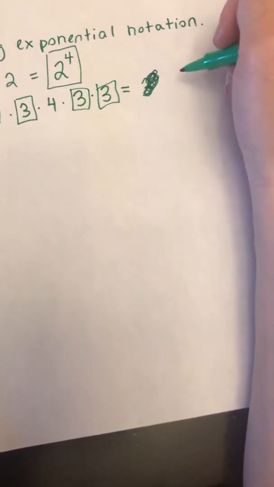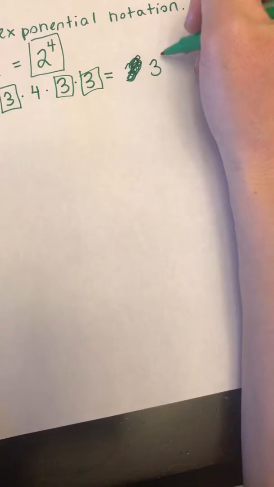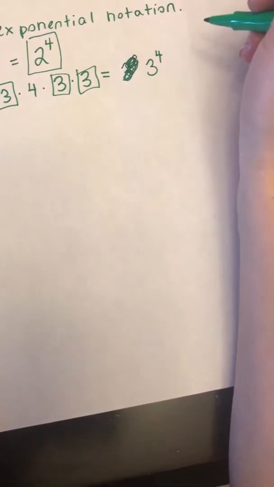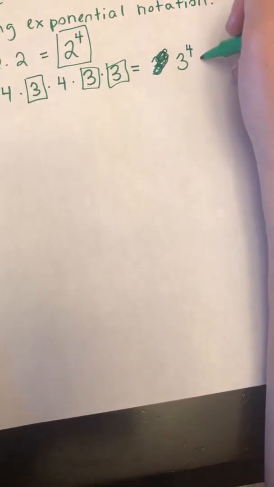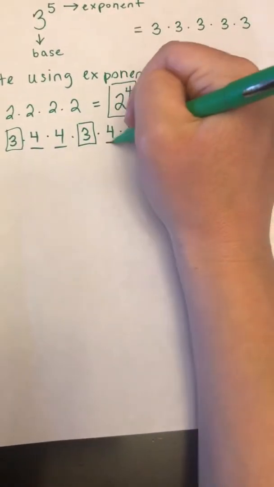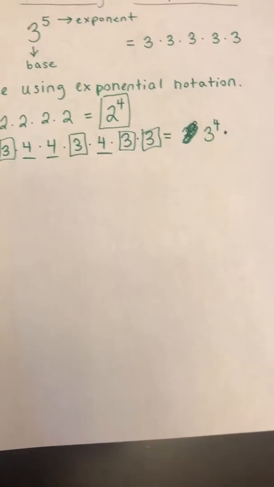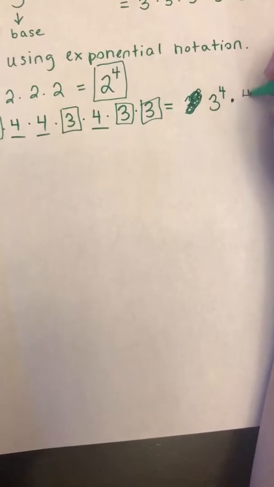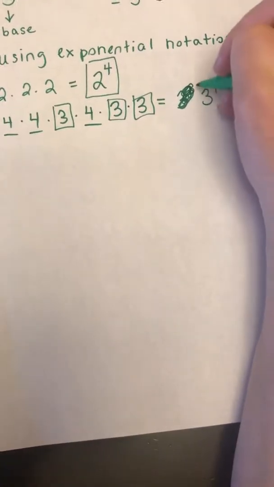We have 3 to the 4th power because there's 4 of them, sorry about that. But we still have some 4's left, and this all is one big multiplication problem. So we're going to use a dot to represent multiplication, and I have the number 4 repeated 3 times. So I'm going to write that as 4 to the 3rd power, or 4 cubed.